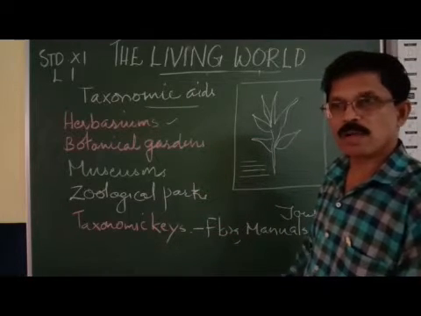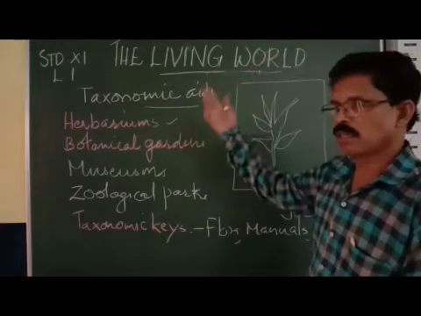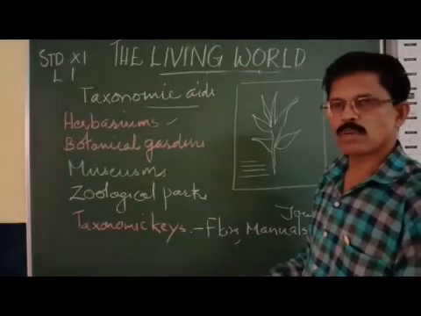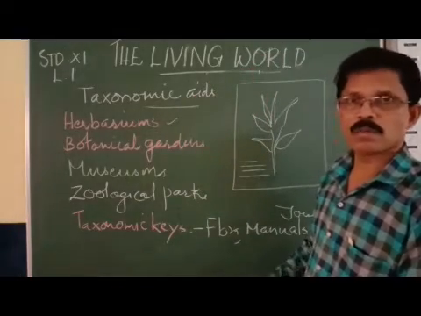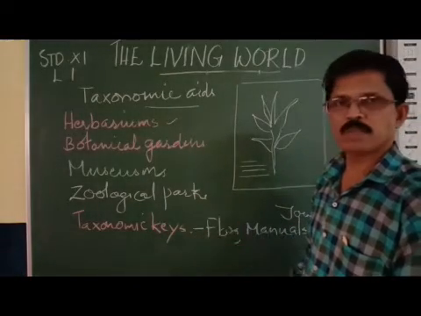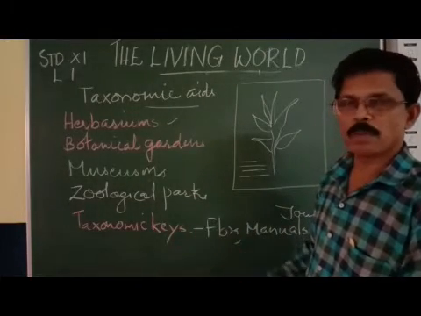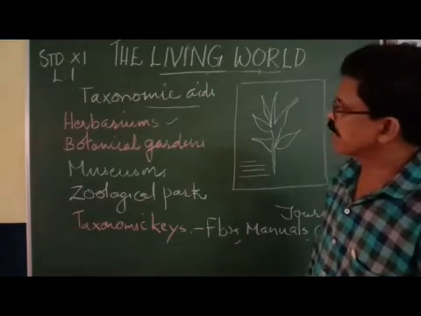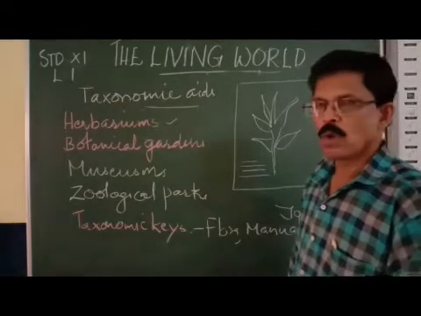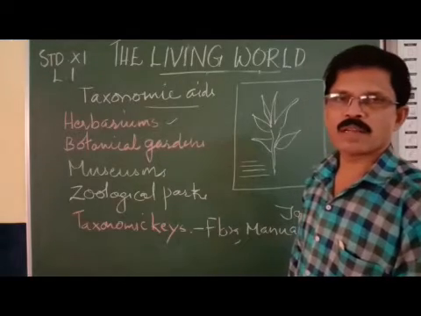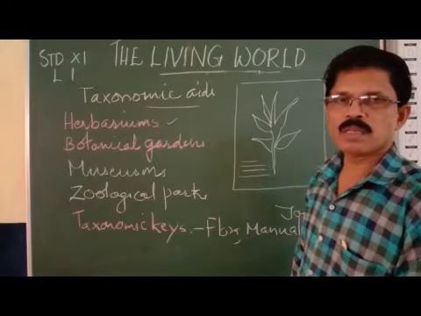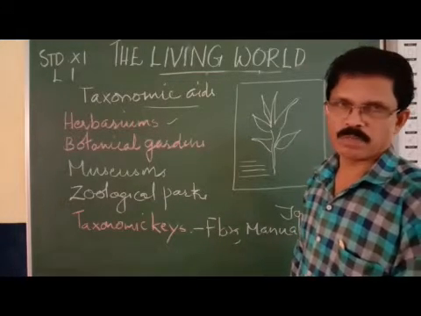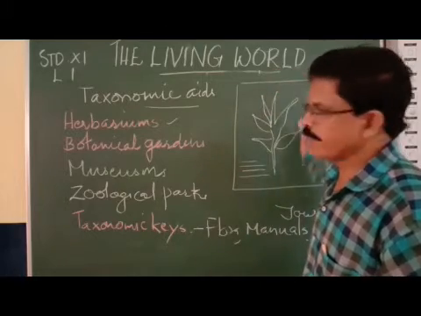Later on, even after hundreds and thousands of years, this storehouse will provide information about different plant species that lived in different times. So herbarium is the storehouse of collected specimens of plants which are dried, pressed and pasted on paper with all details in it.